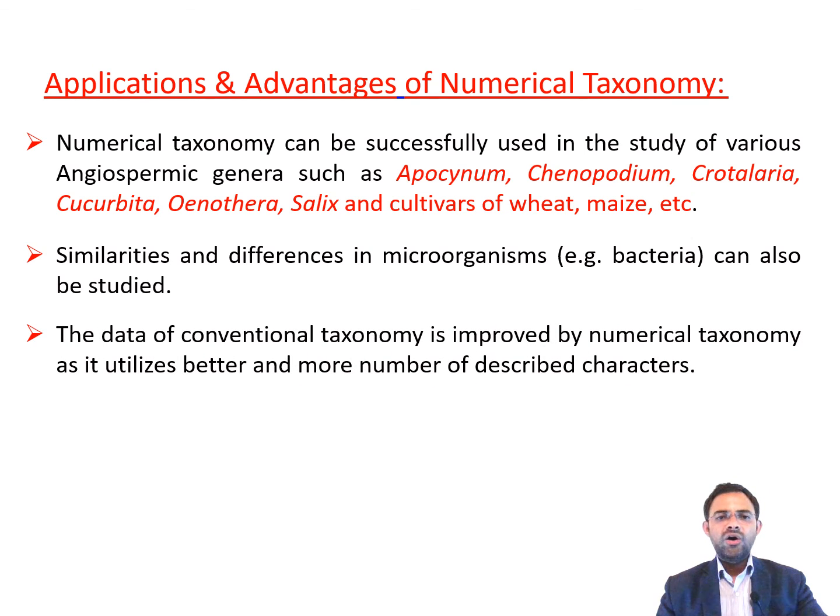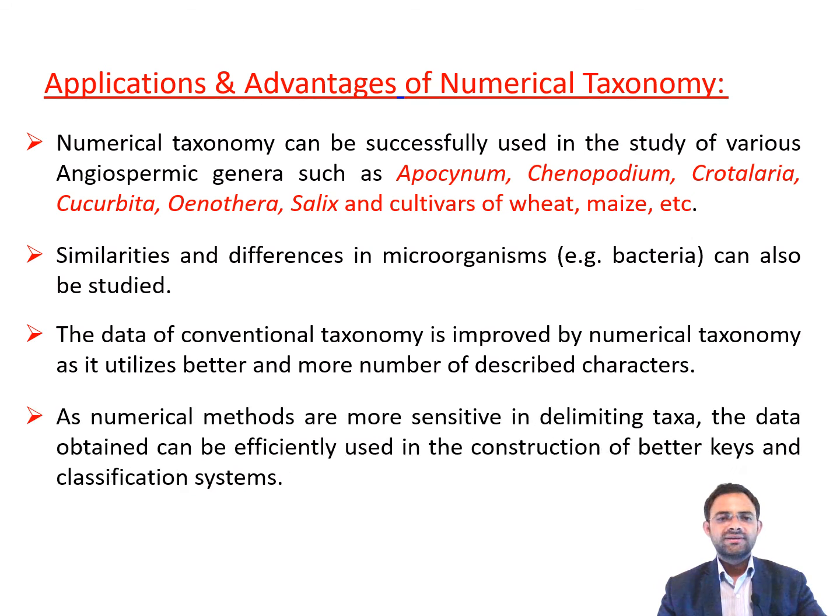The data of conventional taxonomy is improved by numerical taxonomy as it utilizes better and a greater number of described characters. As numerical methods are more sensitive in delimiting taxa, the data obtained can be efficiently used in the construction of better keys and classification systems.